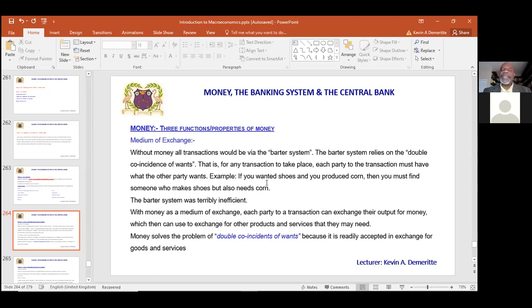I trade him my corn and he gives me leather. Then I trade that leather to the guy who makes shoes. And then he gives me shoes for my child. Right? Very complicated, very messy, very involved when you have the barter system. The barter system, we say, is terribly inefficient.